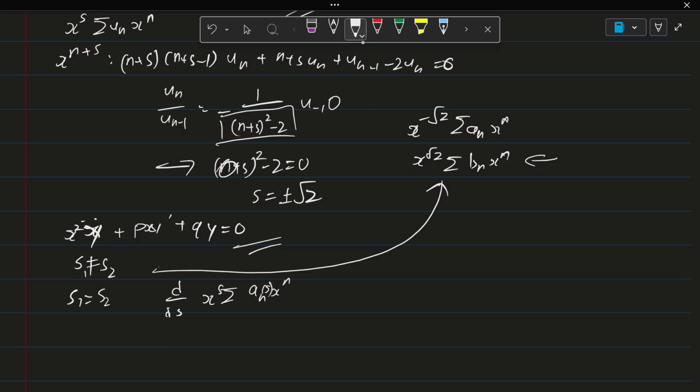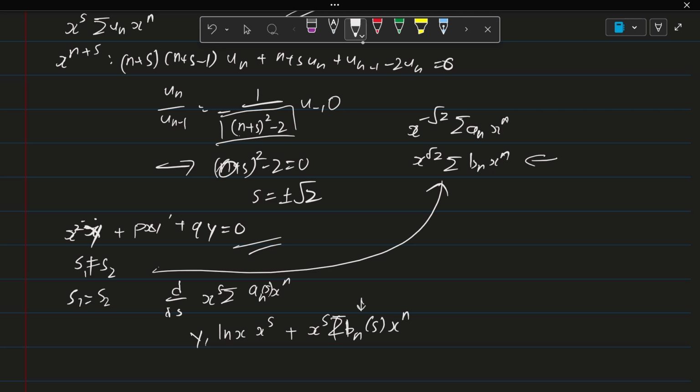If you do this derivative, the first part becomes the natural log of x times x to the power of s times the sum, which is the first solution y1, plus x to the power of s times another set of coefficients, b_n x^n.